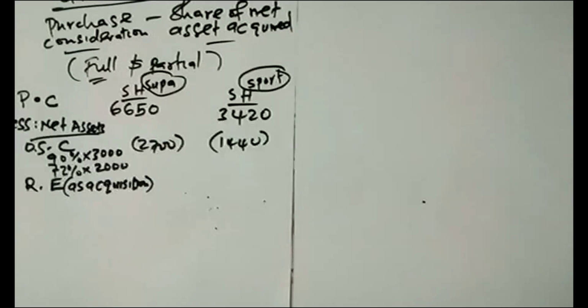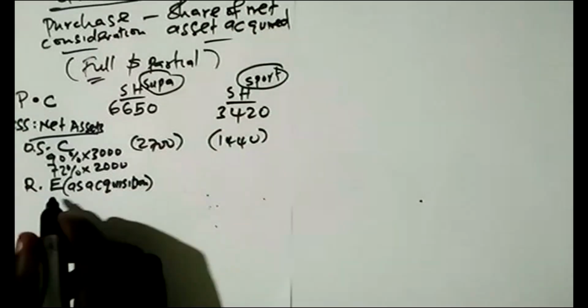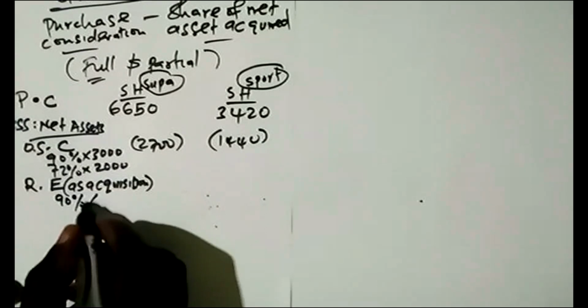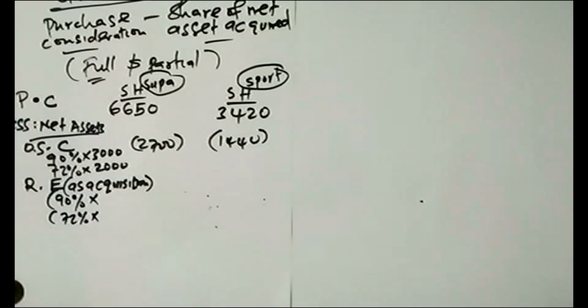And again, the same way you will do revaluation reserve. The figures you have to use must be as at acquisition date. So you need to pick 90% and 72% of the relevant figures as at acquisition date, which we already have.